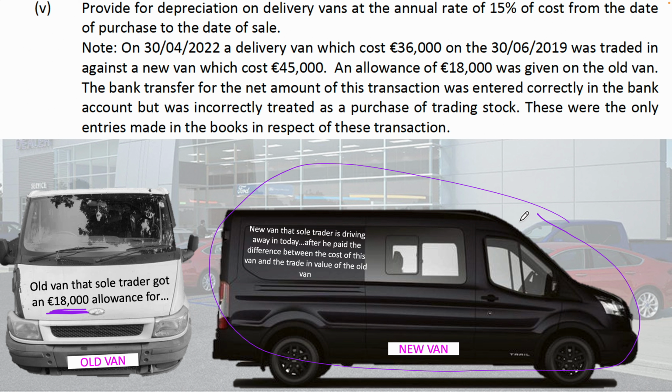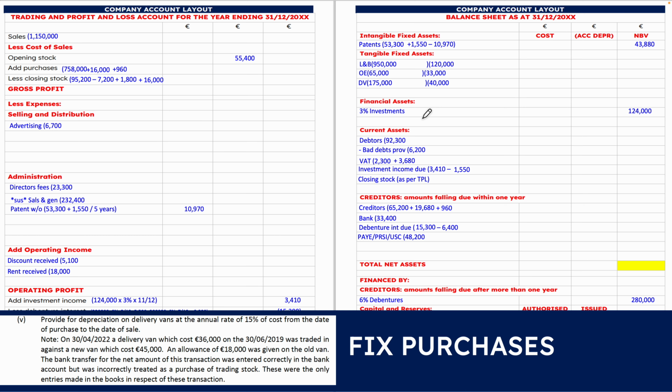We need to do the depreciation charge for the year. We need to work out our profit or loss on the sale of the old van. We need to fix the purchases figure. And then finally, we'll need to calculate the accumulated depreciation on the delivery vans.